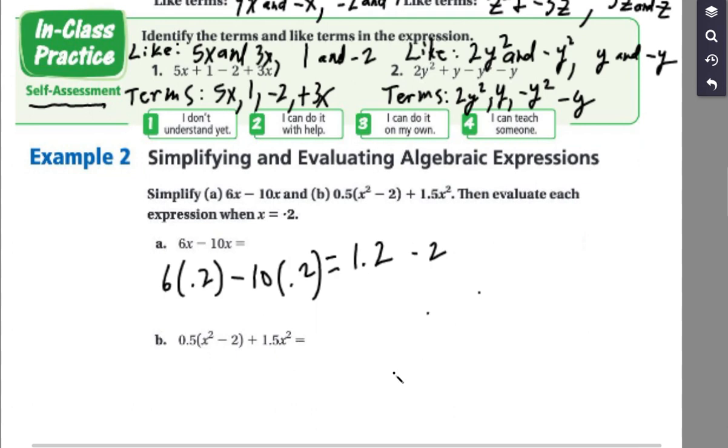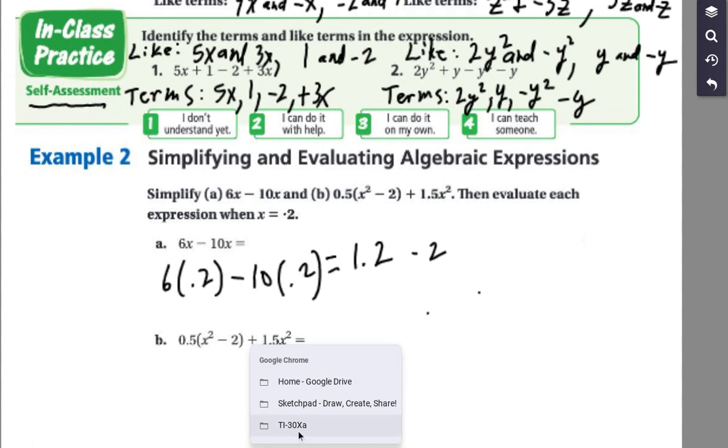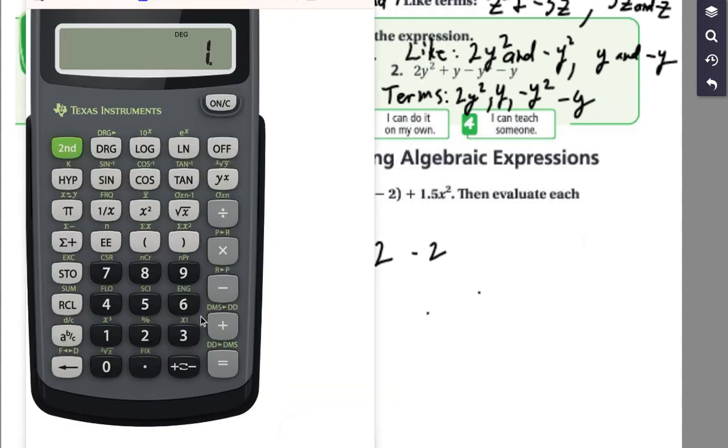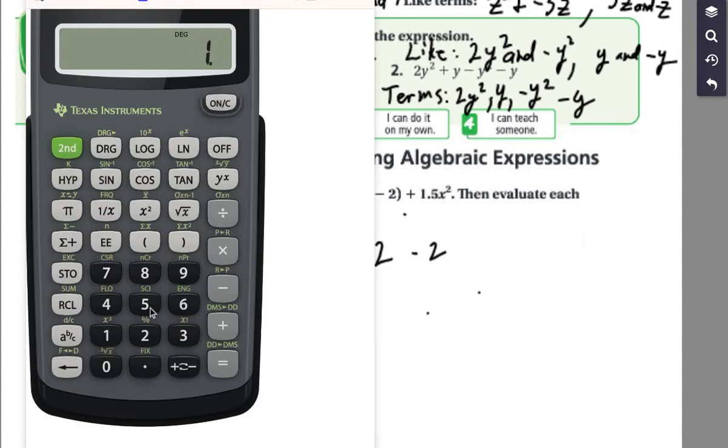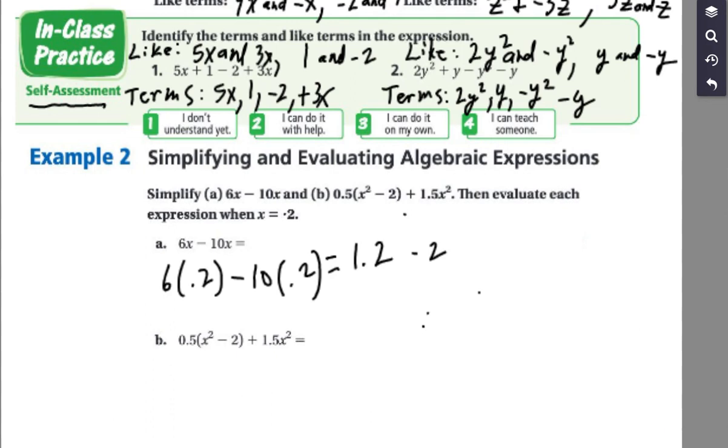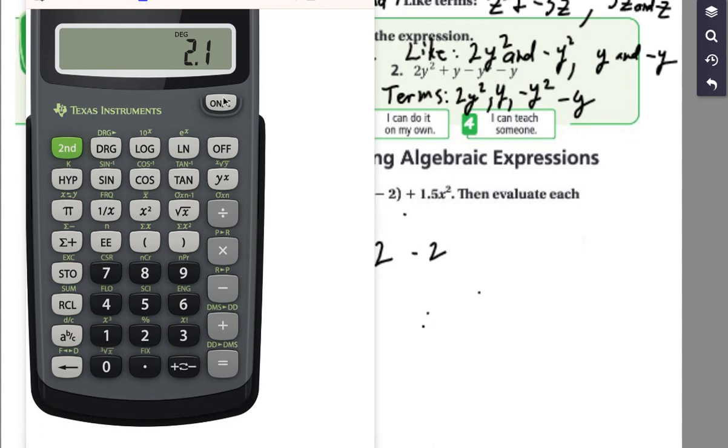Okay, so 1.2 minus 2, that's what I thought.